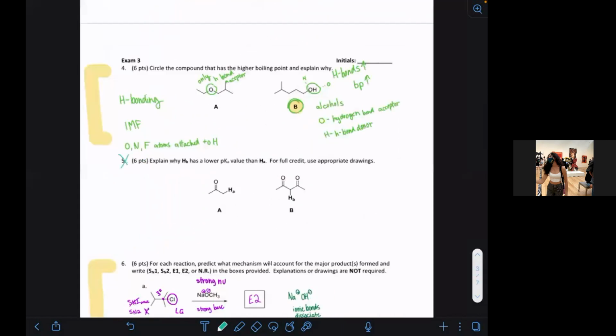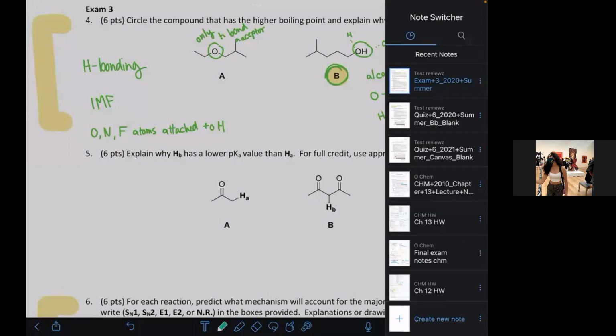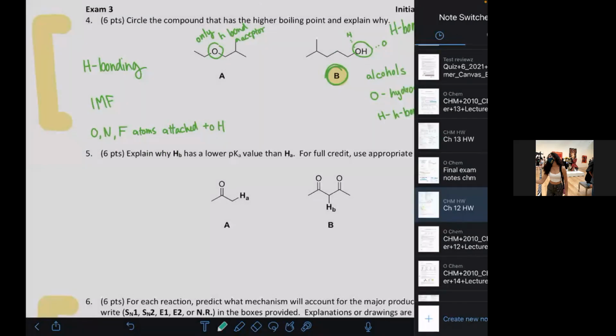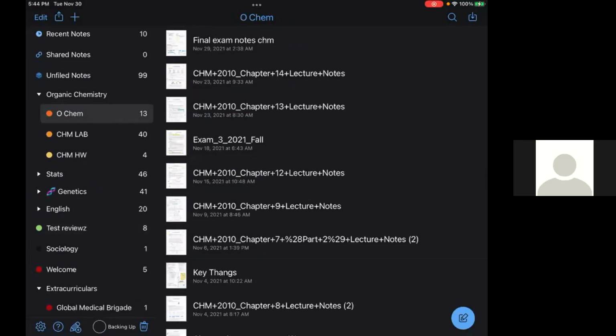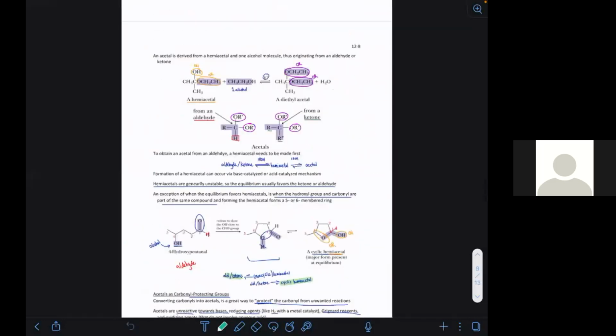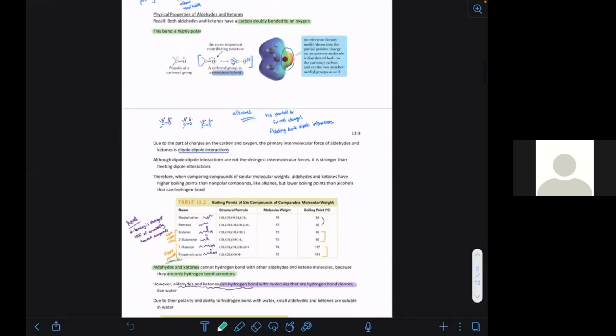Oh, actually, did she go over acidity? Question number 5. Let's see if it's in the lecture notes. That is chapter 12. Oh, that's my homework. I think we can do that because it's an acetal from chapter 12, where we have hemiacetals and acetals.